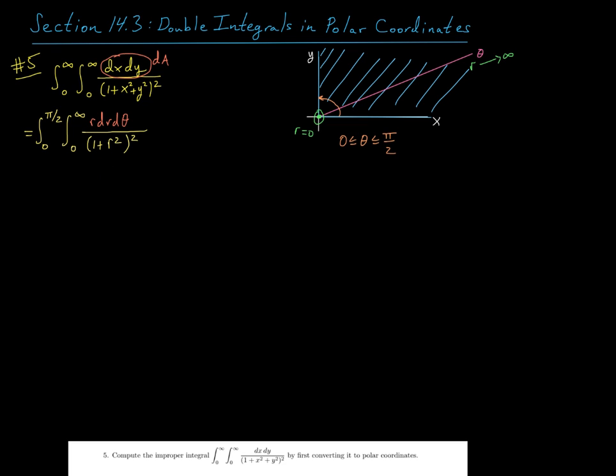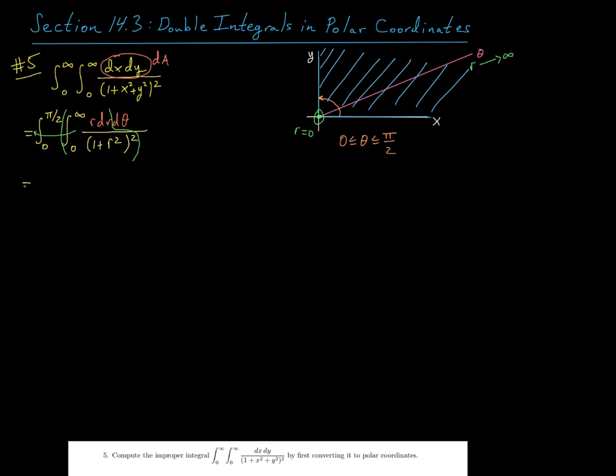Couple comments now. One, again, our integrand is independent of theta. So when it comes to this r integral, it's constant with respect to theta, so you can think about it coming out in front, and then it's going to be multiplying the integral from just 0 to pi over 2 for theta, and that's just going to give us pi over 2.